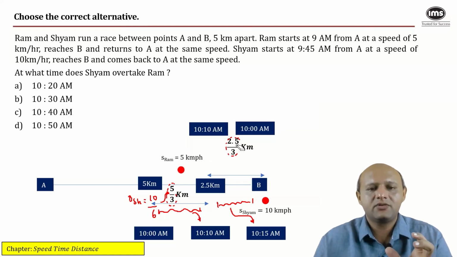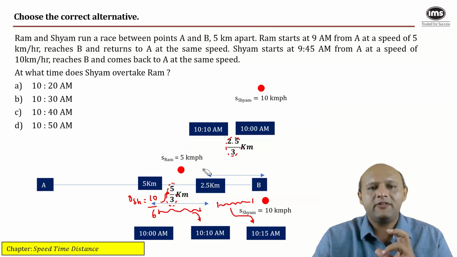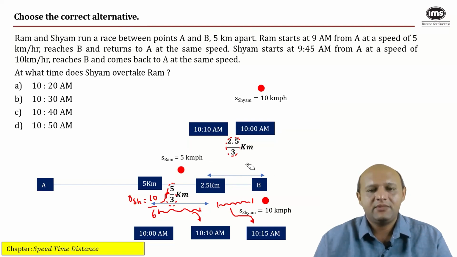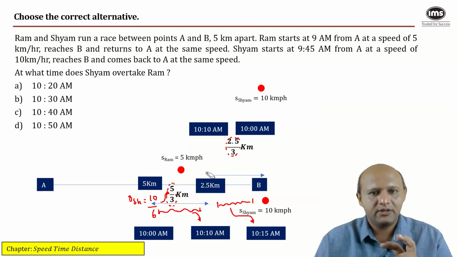He took 10 minutes to cover 2.5 by 3 kilometers. So he will take 5 minutes to cover another 1.25 by 3 kilometers. So just understand that this time is 10 and the second bit of the time is 5. So in half the time he'll cover half the distance, because it is the same speed with which he's traveling.